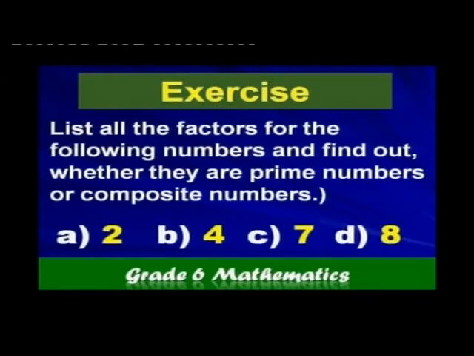So how many numbers are given on the screen? 4 whole numbers: 2, 4, 7, and 8. You need to find the factors of those numbers and identify whether they are prime or composite numbers.